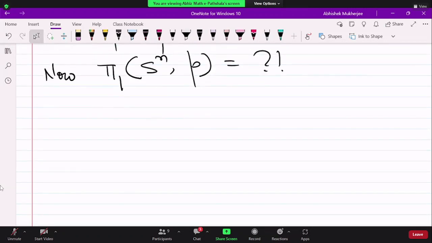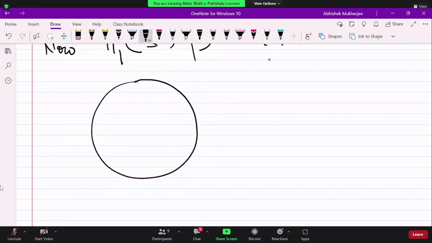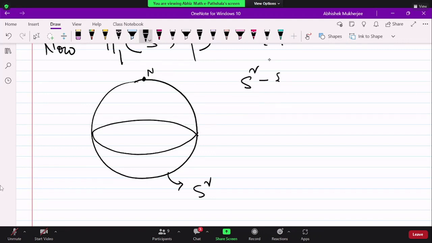To tackle this situation, if you can remember the notion of stereographic projection, suppose let us take S^2, and if you take a puncture at the North Pole, then this is homeomorphic to R^n, right? Great.